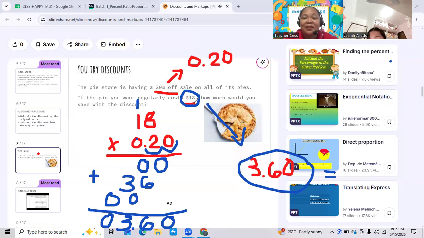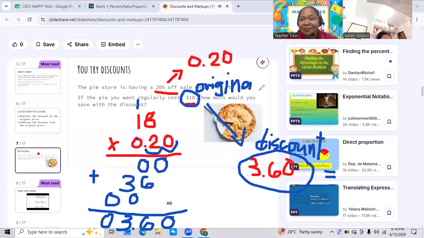Instead of... sorry, could you... $18, how much are you going to pay for the pie? $3.60. That is the discount, right? Oh, yes. That is the discount. So, meaning you will subtract this discount from the original price, $18, because this is the original price. So, how much are you going to pay? 3.42.